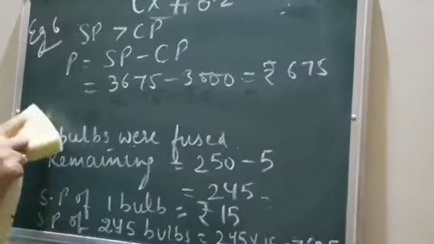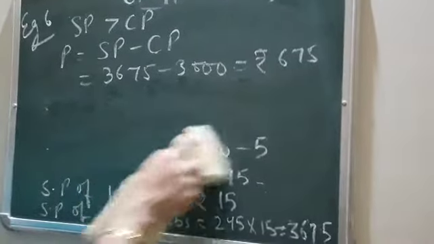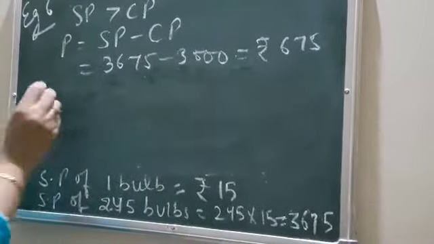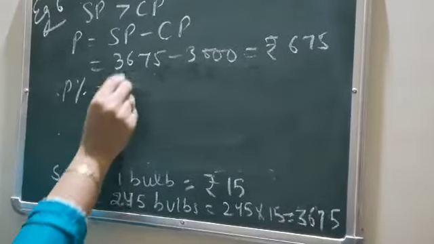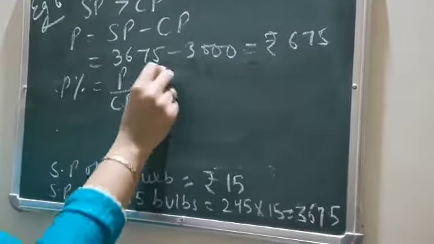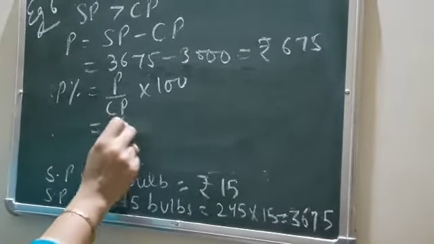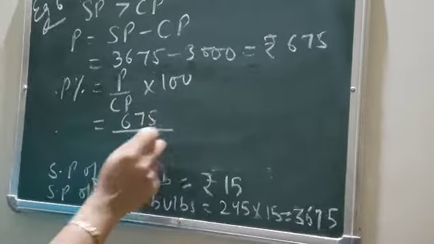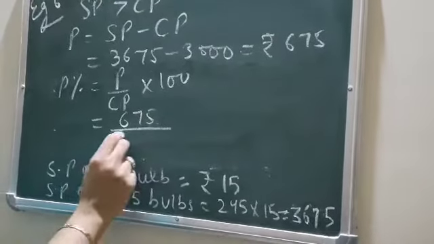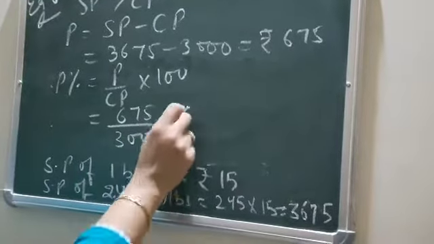Now you have to find profit percent. Yesterday we did the formula. Profit percent is profit upon CP into 100. So profit is 675 rupees. What is CP? CP is 3000, into 100.